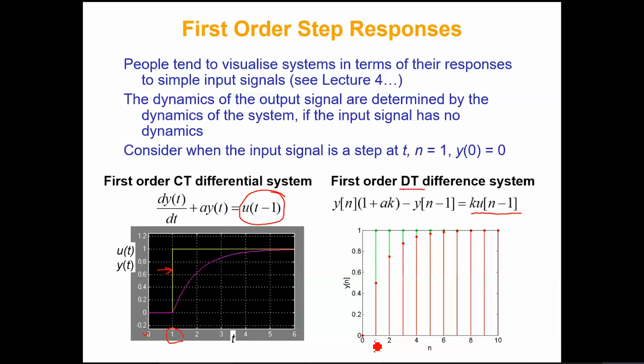This green is your input, going on and on to infinity, with a scaling factor k equal to 1. We can keep changing the value, and the output is shown in red, that is your y of n. This is just to show you the type of examples that can be practiced in MATLAB and Simulink.